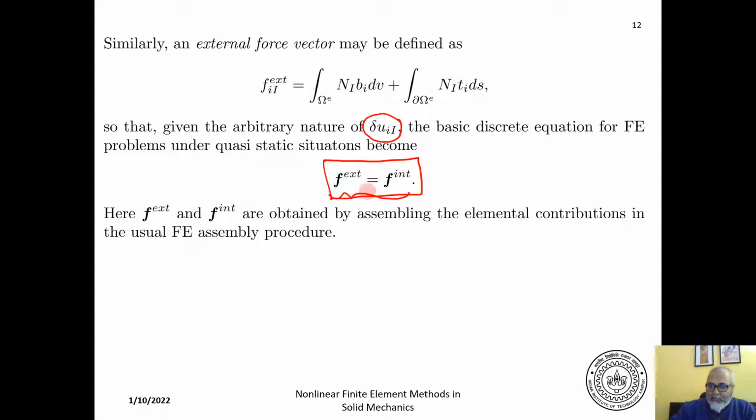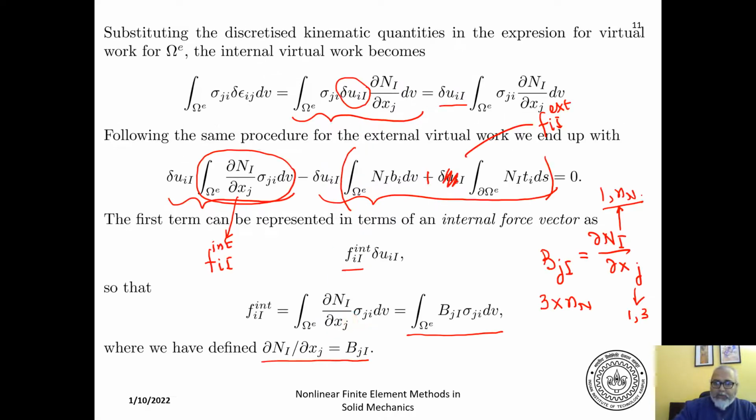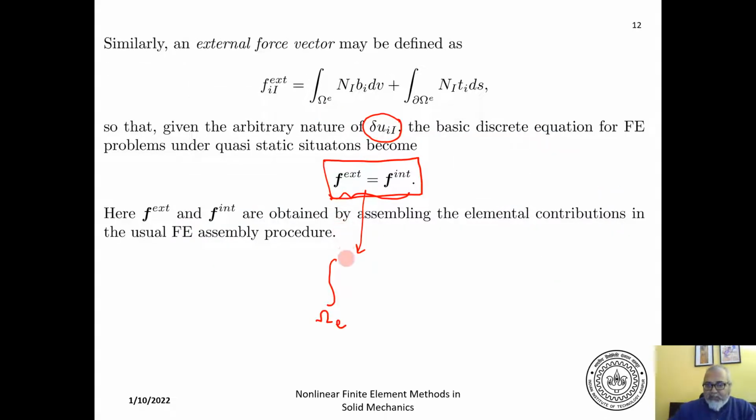So remember, F external is the integral of B ji sigma ji.